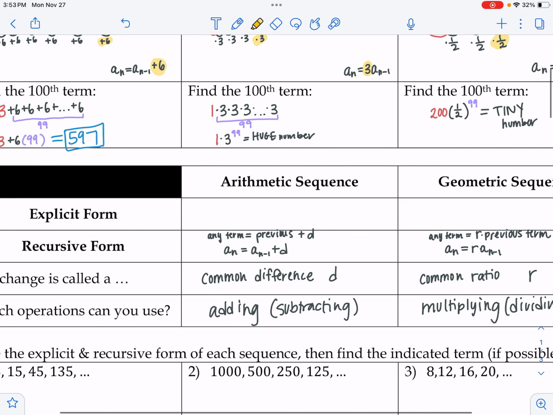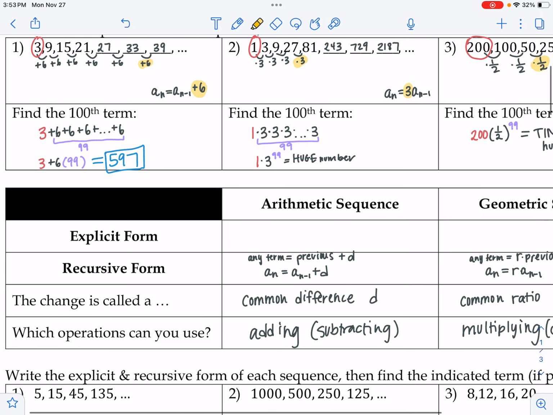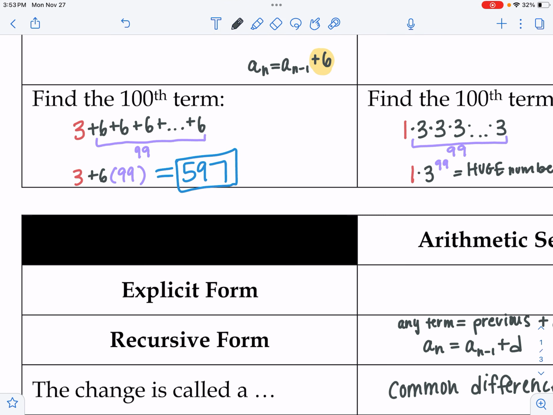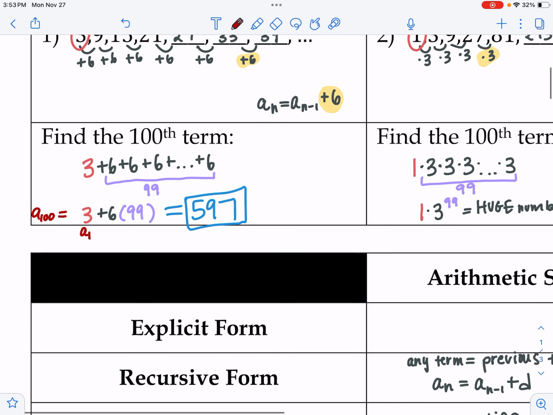Okay, and so the useful formula is the explicit formula, and that's actually what we used. And so now I'm going to put the notation on there. Okay, and so the formula we used to get to the 100th term is we took that first term, that's where that 3 came from, and we added the 6, which was our common difference, n minus 1 times.